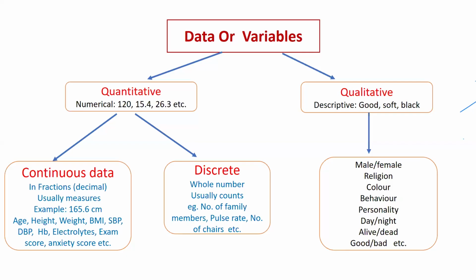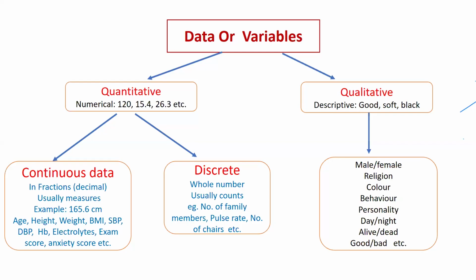So first we have to understand what we mean by quantitative data and qualitative data, so that we can handle these data easily. As I told you, quantitative data is further divided into continuous and discrete data. Continuous means we can give decimals, fractions, and it is usually measured. For example, 165.6 centimeters, that is a height. When we can present any data or variable in decimals, that is called continuous data.